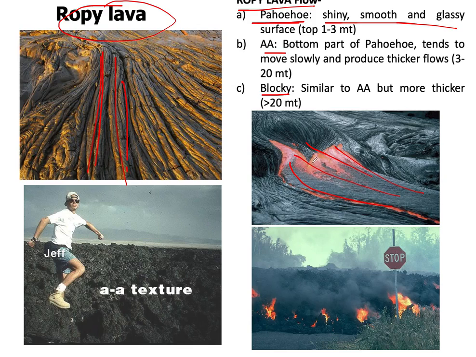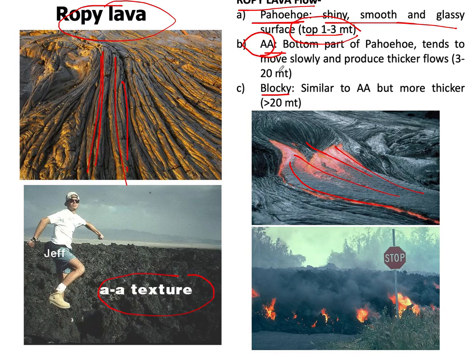So we are discussing how they are flowing. They're basically smooth, glassy, and shiny. Okay, these are relatively thin, 1 to 3 meters. Then there is aa flow, which has the aa texture.